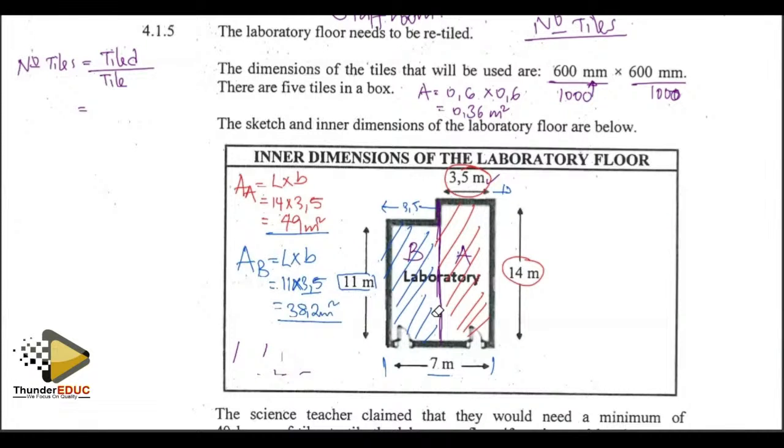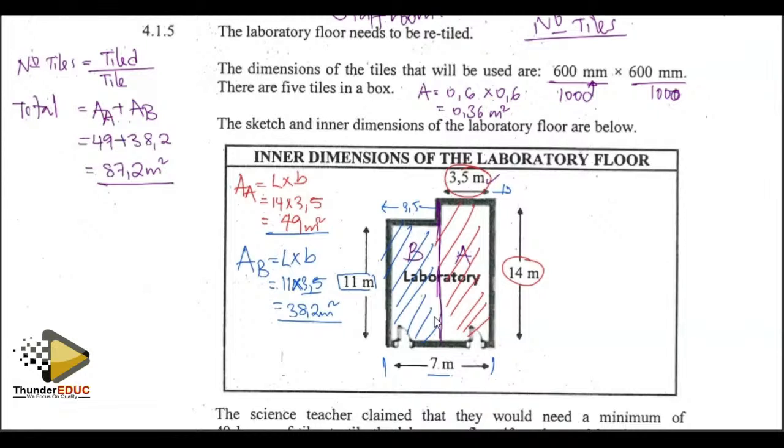We are saying the total area to be tiled equals area of A plus area of B, which is 49 plus 38.2. So area to be tiled is what?